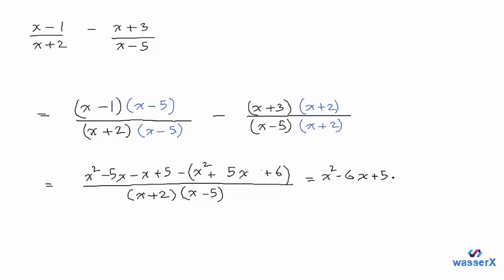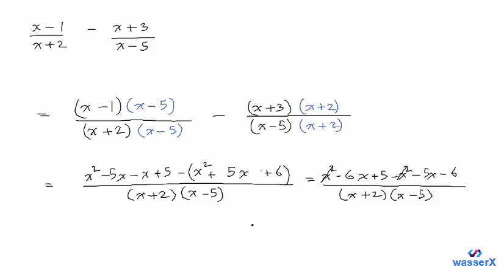minus x squared minus 5x minus positive 6, or minus 6, over x plus 2 times x minus 5. Time for us to cancel x squared minus x squared, so that's 0.